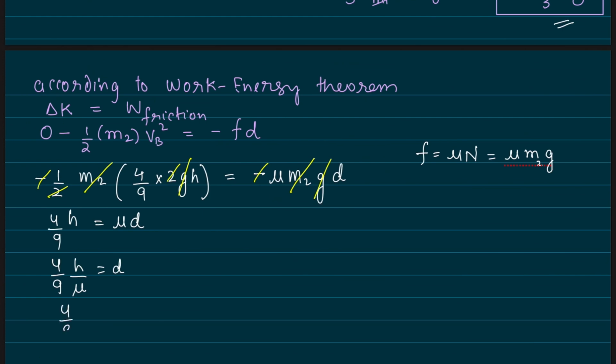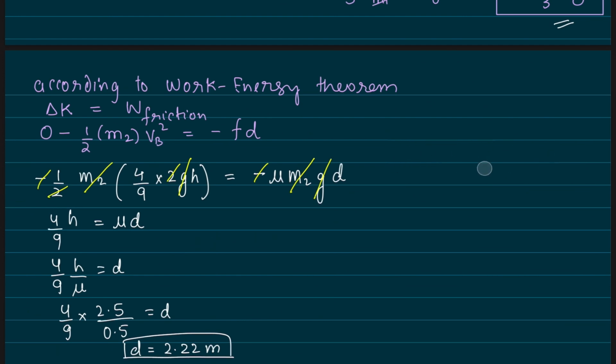Here h is given in the question, h is equal to 2.5, and mu is also given, mu is equal to 0.5. By solving all this, you will get d is equal to 2.22 meter. This is our part A.